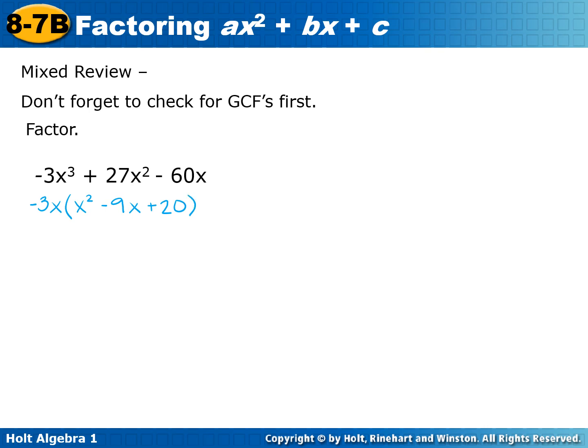All right, this trinomial right in here has a equals 1, so I'm looking for factors of 20 that add up to 9. Factors of 20 that add up to 9. Well, that's 5 and 4. So x minus 5, x minus 4. And it is factored completely.